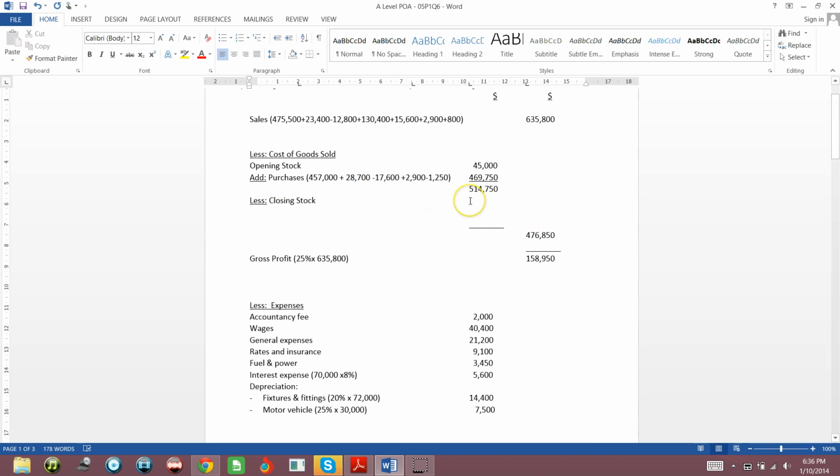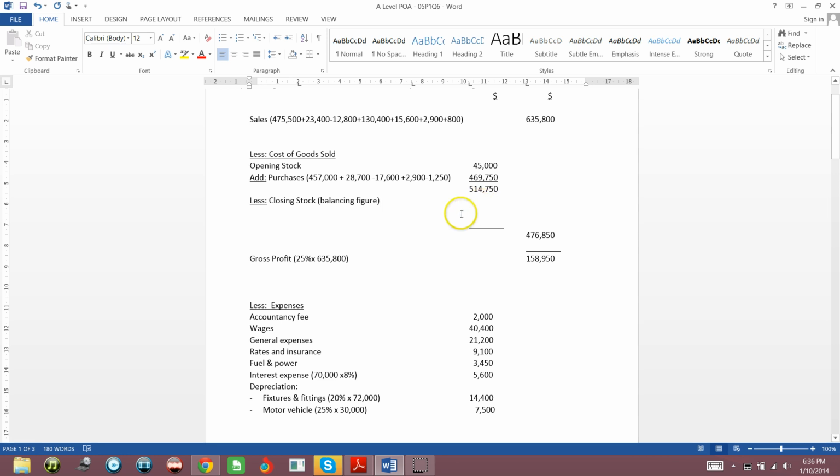Okay, so then now the closing stock will be my balancing figure. Some students say that I have difficulty in finding this balancing figure, my mind cannot work backward.